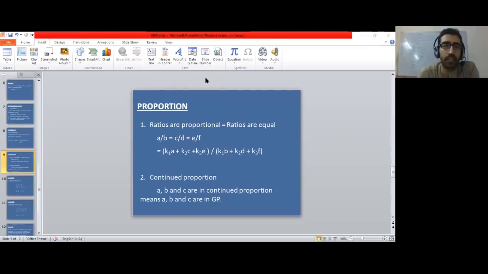Let's take an example. Let's do a question. Say A by B is equal to C by D is equal to E by F is equal to 3 by 5.